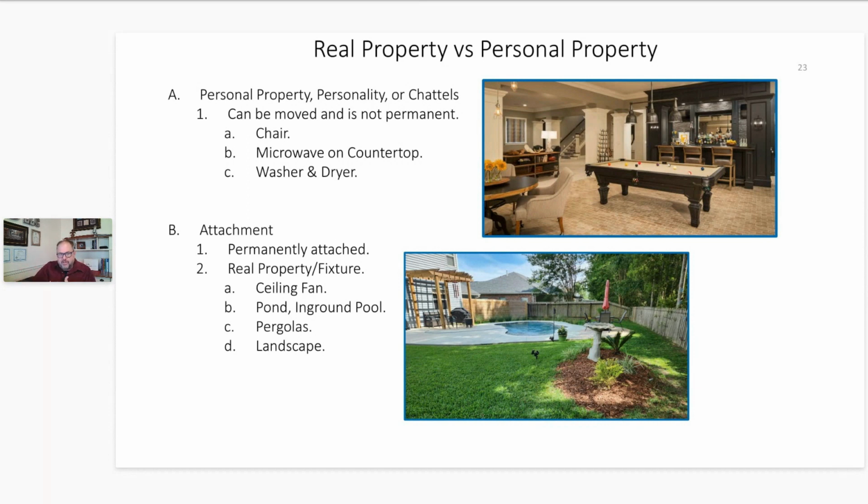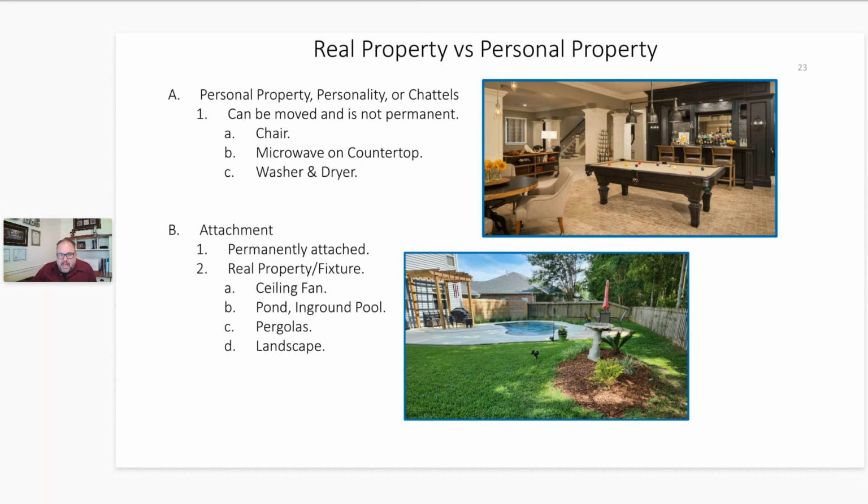If I've got a microwave on a countertop that I can unplug, that's considered personal property. But if I've got a microwave that's put into a casing above the oven, then that's going to be considered real property. It's going to be considered a fixture because it's part of the actual appliances that are installed. Okay. Washers and dryers, that can be rolled out. Those are considered personal property.